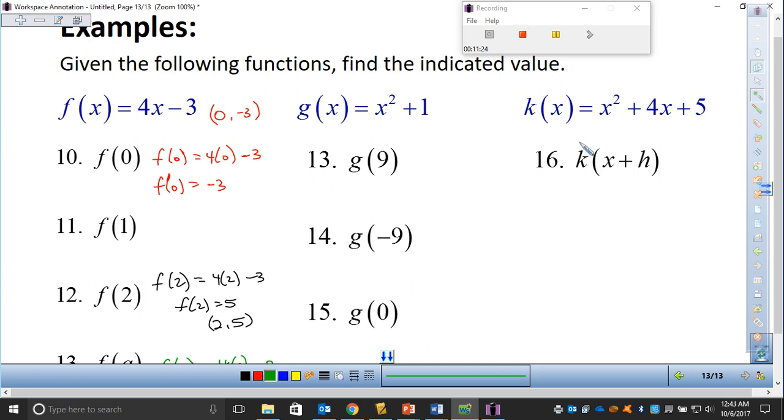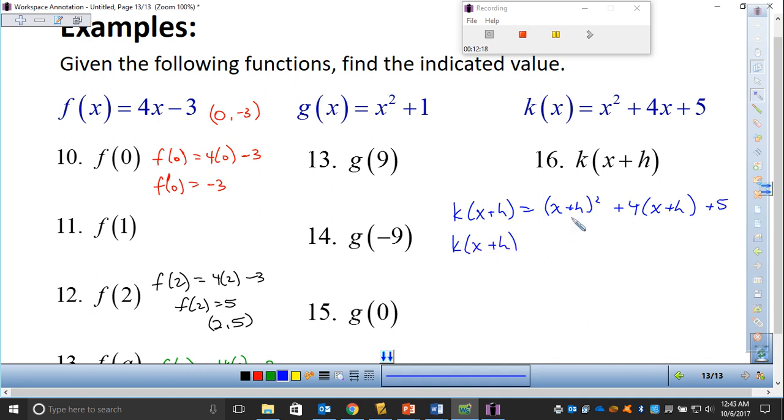So we want a value for k of x plus h. So this tells me I'm plugging in x plus h in for the x values into the equation. So it would look like this. K of x plus h equals x plus h quantity squared plus 4 times x plus h plus 5. So again, k of x plus h, we know how to evaluate this.